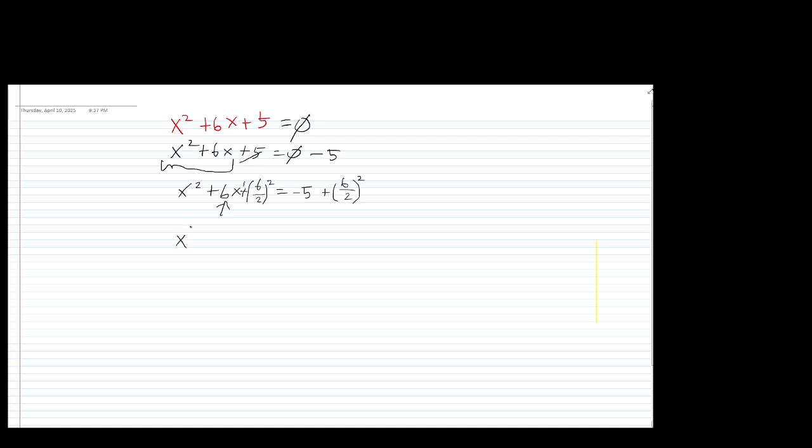So let's go ahead and just copy down x squared plus 6x plus, and 6 divided by 2 is 3. We keep our exponent, and then we're left with negative 5 plus half of 6 is 3, and we keep our exponent. And one more step, 3 squared is 9.